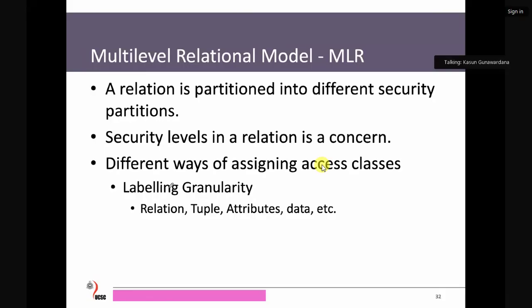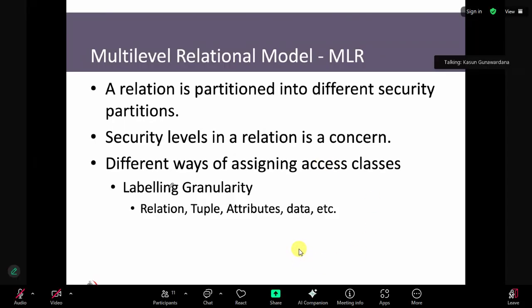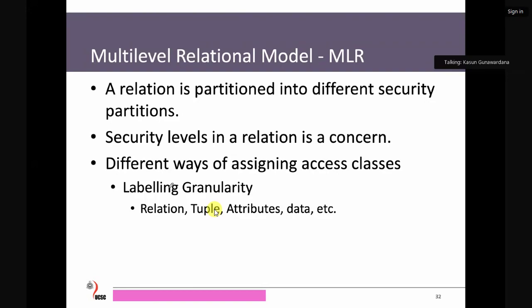So when we bring multi-level security into the relational model, that model is called the multi-level relational model. It is a hybrid model which combines the relational database model with multi-level security requirements.